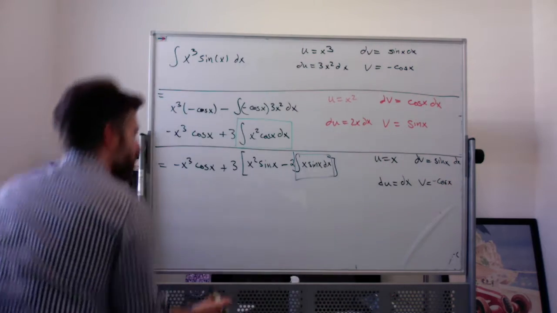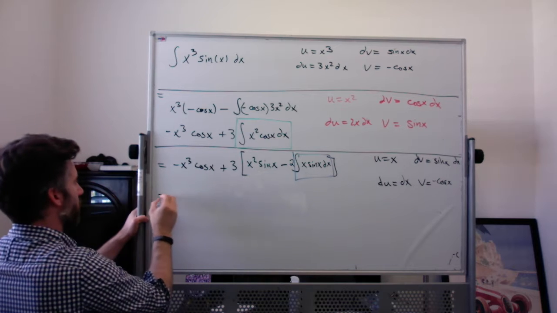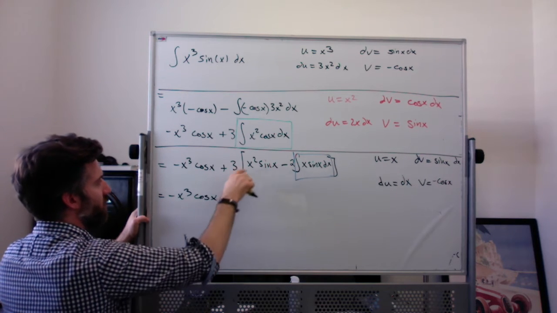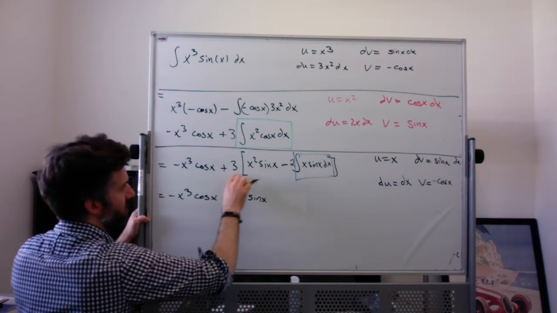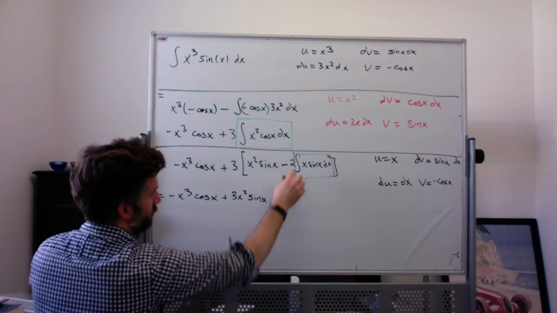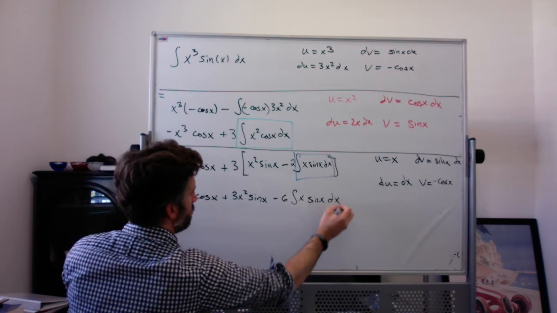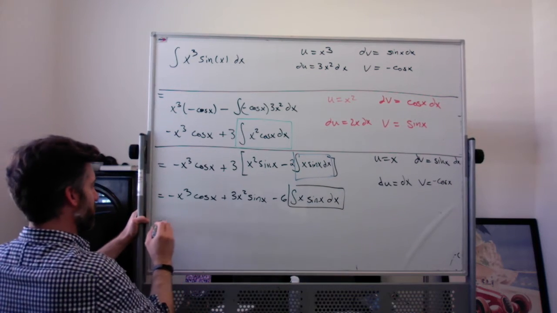Okay, I might actually distribute this 3 before I do this part here. So I've got negative x cubed cosine of x plus 3 times x squared times sine of x plus 3 times negative 2 times the integral of x sine of x. So now I'm doing this, and that's just the whole new uv minus the integral of v du.